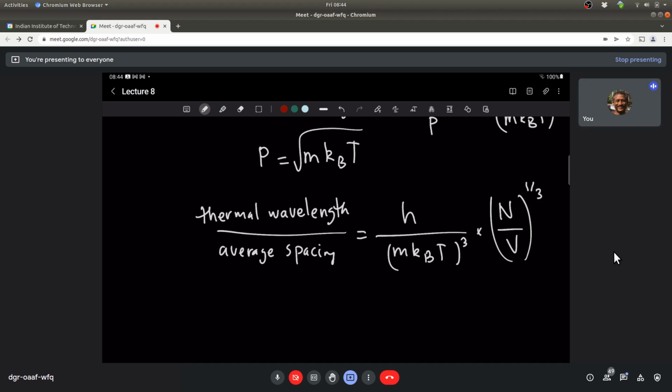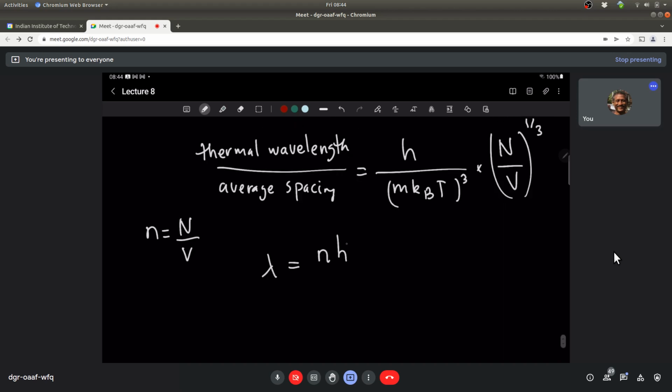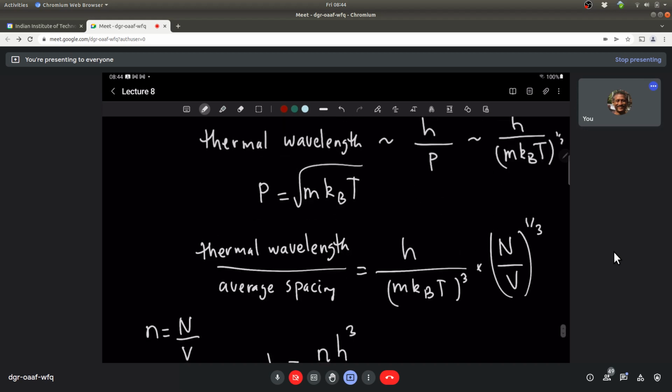Since there are cube roots, let me introduce some notation. Let n be the number density, N by V. So we get a nice dimensionless quantity, let's call that lambda. I am cubing things, so it will be the cube of this quantity: n h cubed by (m kBT) to the power 3/2. Nobody even complained that I put a cubed here, half, right?